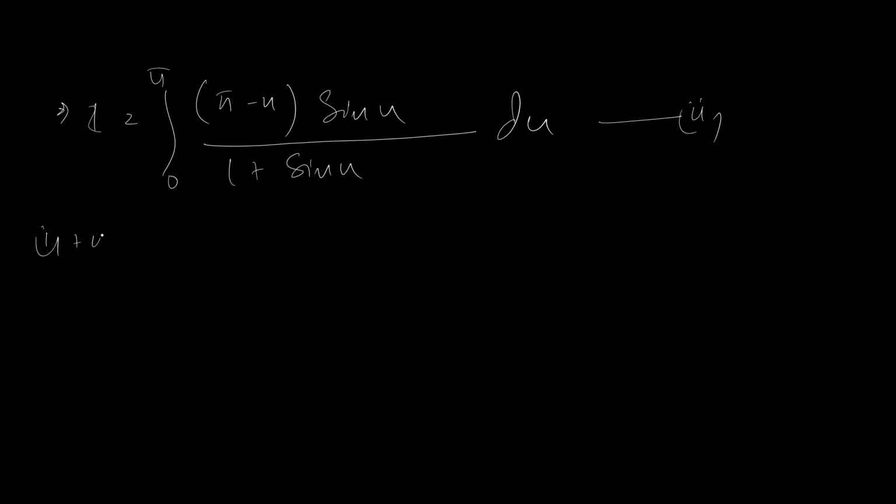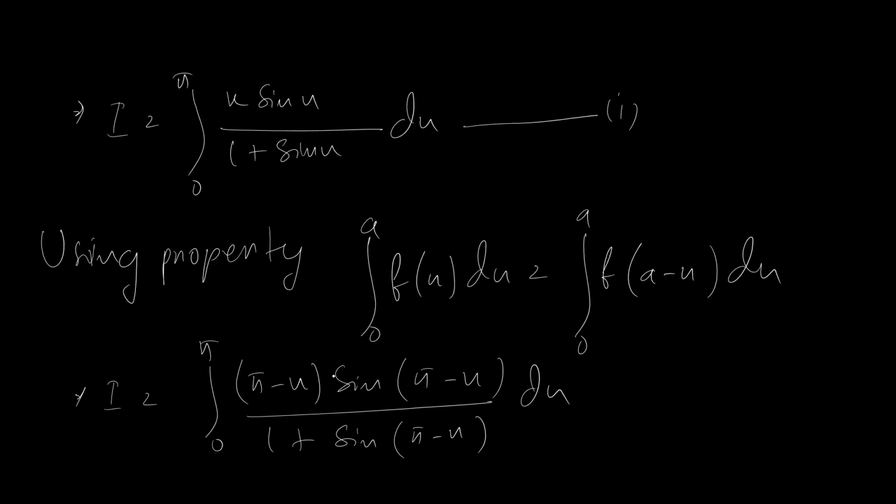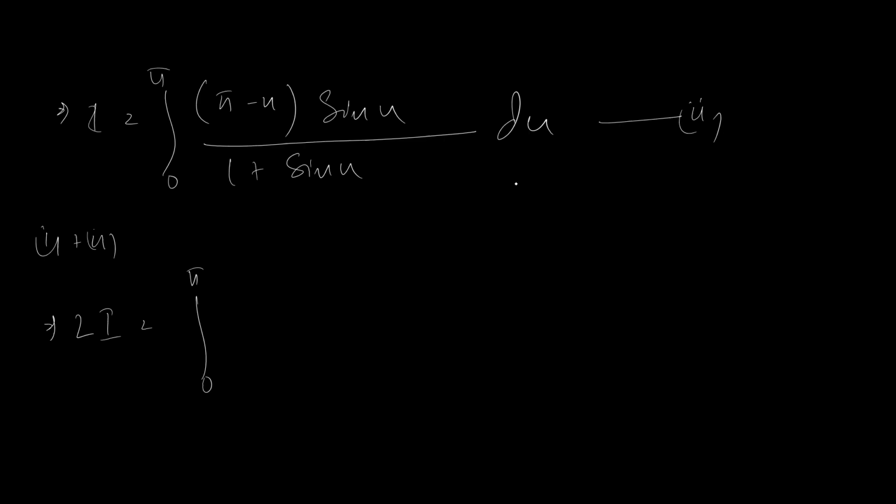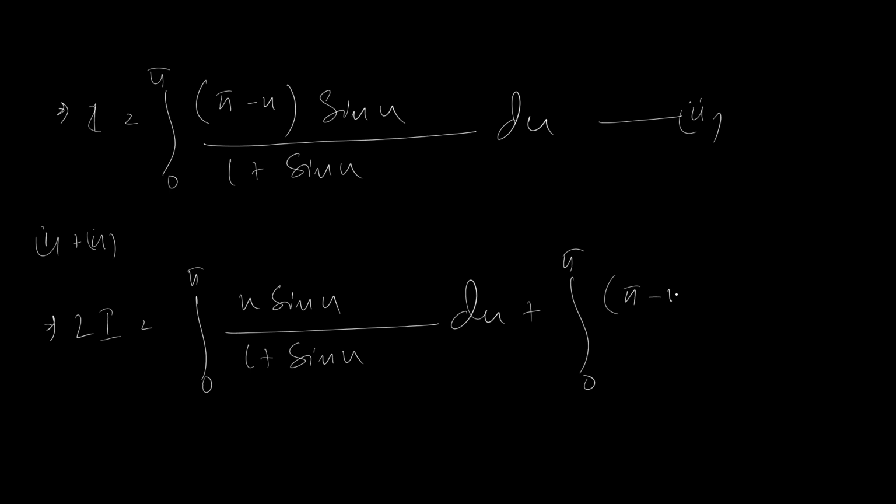Now I will do 1 plus 2. On the left-hand side it will be twice I. On the right, the integral from 0 to pi of x sin x by 1 plus sin x dx, plus the integral from 0 to pi of (pi minus x) sin x by 1 plus sin x dx.